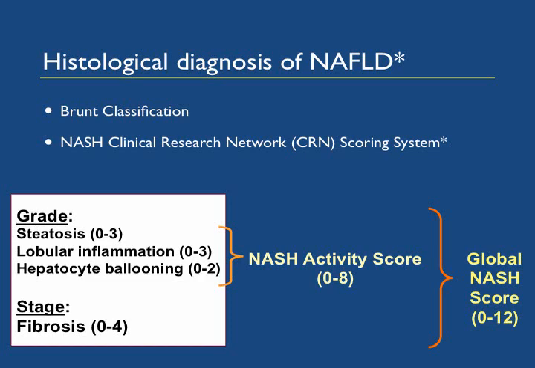And then you have the stage, which determines the severity of fibrosis. So the NASH activity score goes from 0 to 8, and the fibrosis from 0 to 4, and combined will give us a global NASH score of 0 to 12. This is a very useful tool not only in assessing the severity of the fatty liver in our patients, but also if patients do get follow-up liver biopsies, it will help us determine the progression.